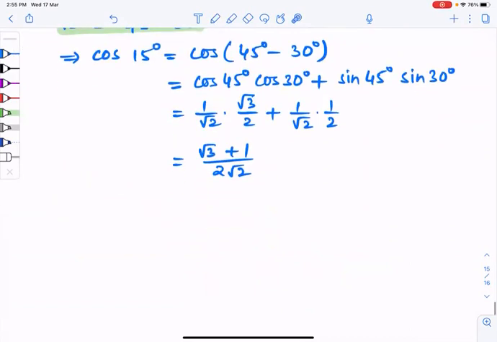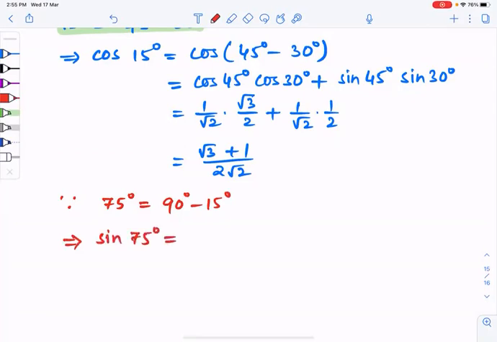Why are they same? You can try to understand this way. Since 75 degrees equal to 90 degree minus 15 degrees, that will imply sin 75 degrees equal to sin of 90 degree minus 15 degree. Now this is our allied angle formula I have taught in last class. So that is going to give us cos of 15 degree.